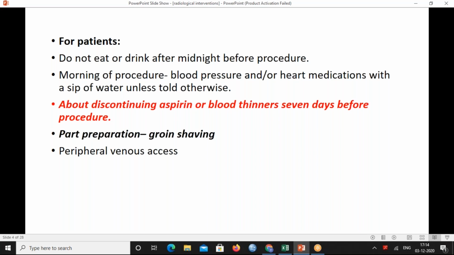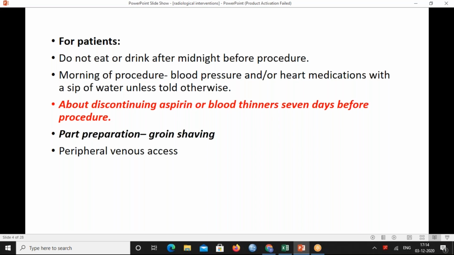So for every procedure, aspirin or dual antiplatelets are not contraindicated, but for procedures where a PCT is done and the coagulation profile is deranged, one can think of avoiding or stopping antiplatelets for 1 or 3 or 5 days before the procedure.